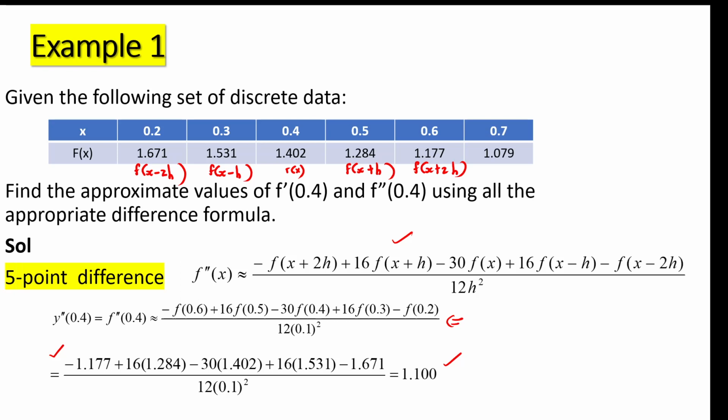So far, any question? We are finished with example 1.